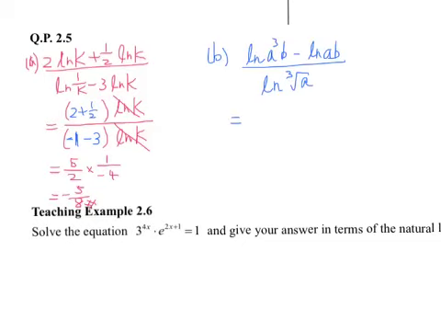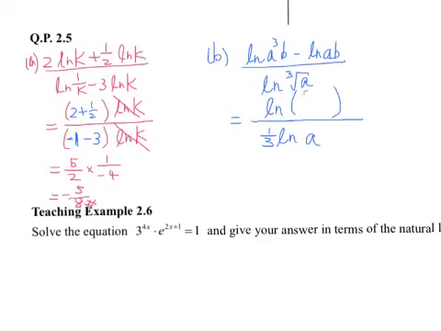In that case, it seems more effective to combine them, right? Do you agree? So this ln a is to be 1/3.